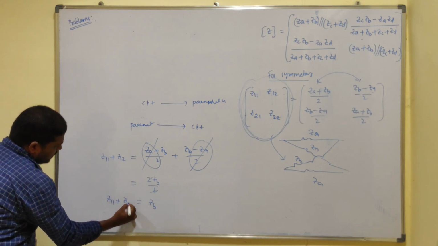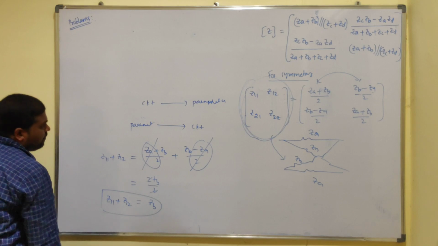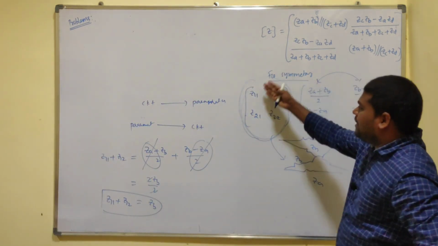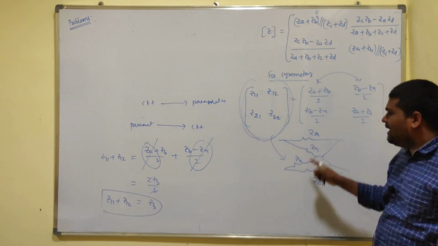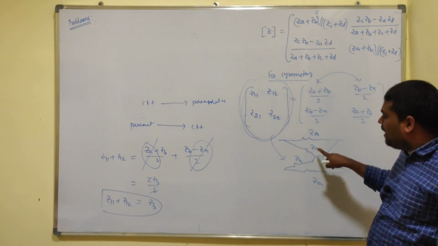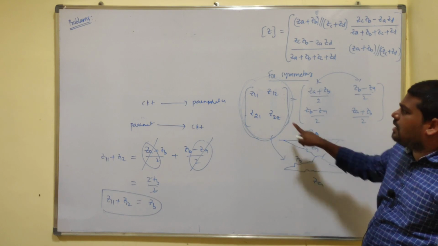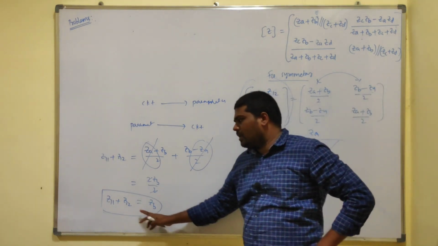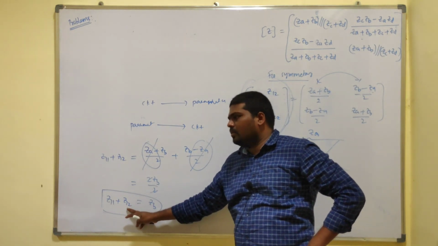If they are providing z parameters, and from these z parameters you want to design this circuit, then the circuit element value Zb depends on the addition of these two parameters. So Zb equals Z11 plus Z12.